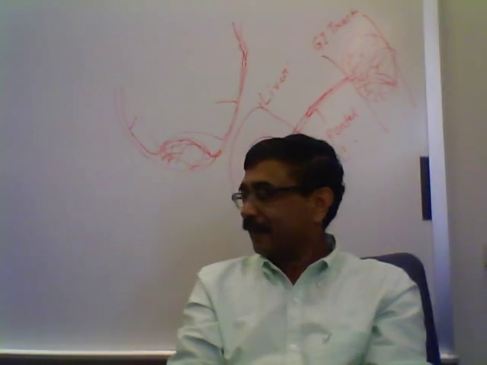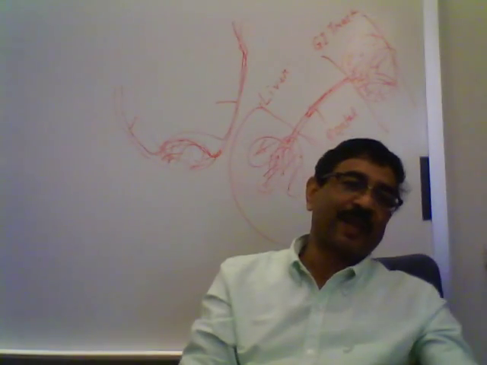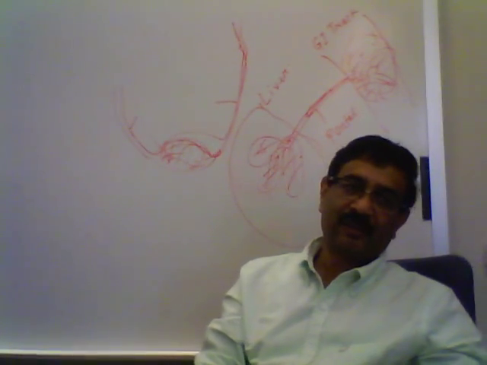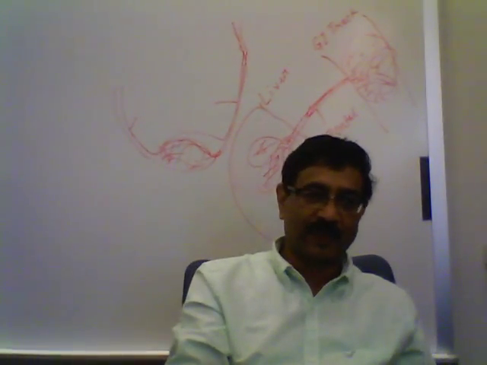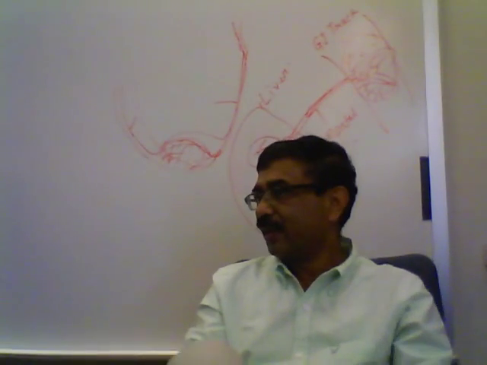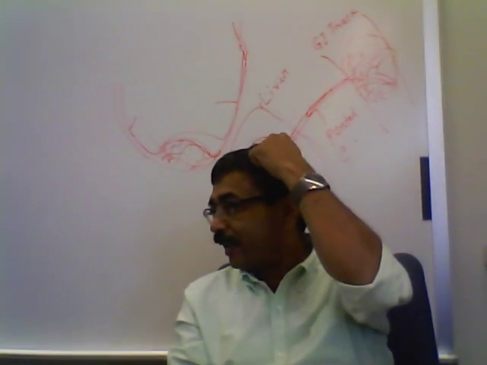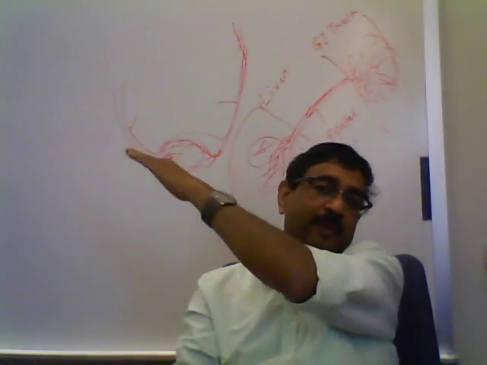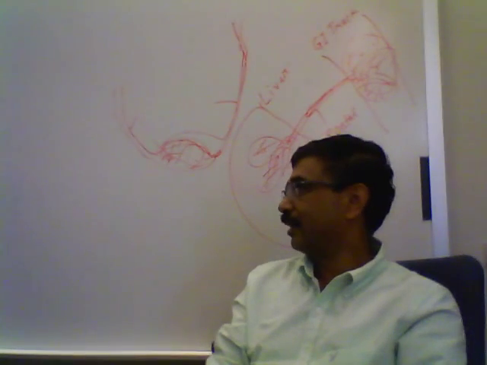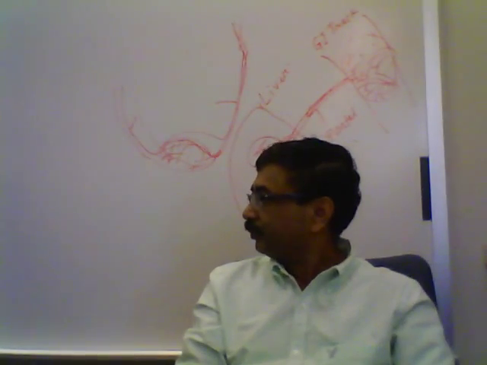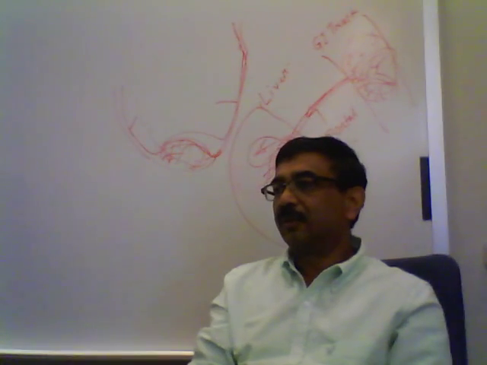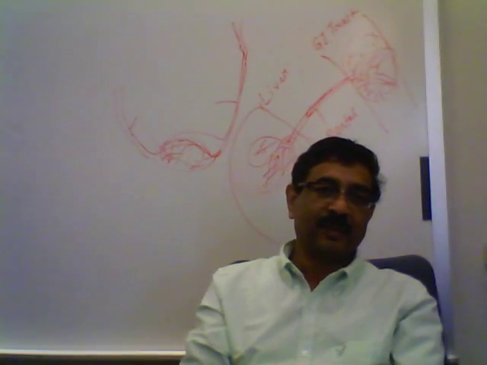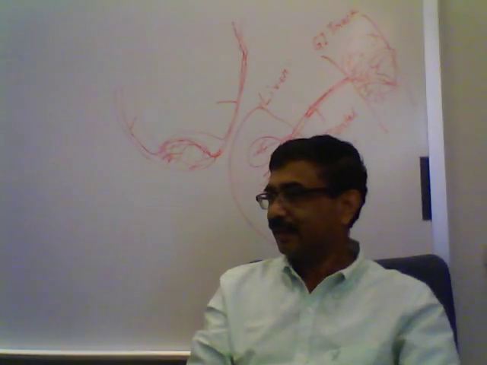Then a special type of continuous capillaries are present in the brain. Why do we say special? Because the continuous capillaries in the brain are less permeable than the continuous capillaries in the muscles and skin.